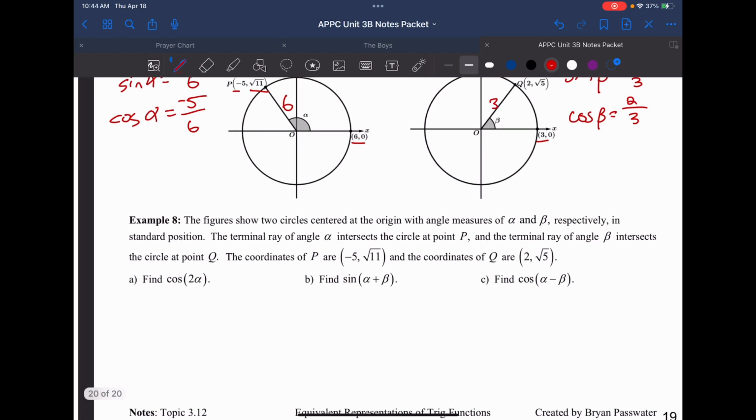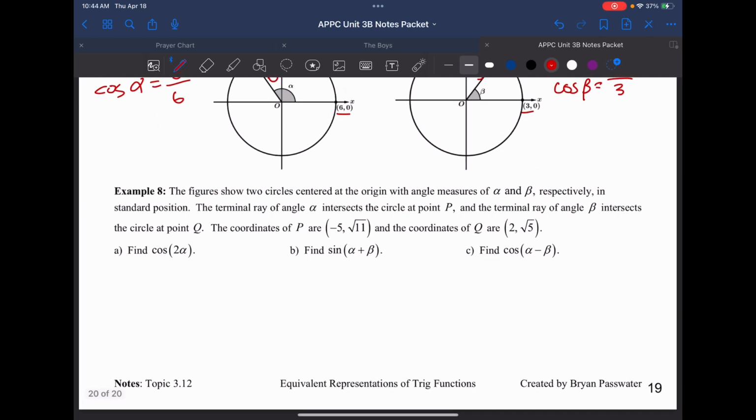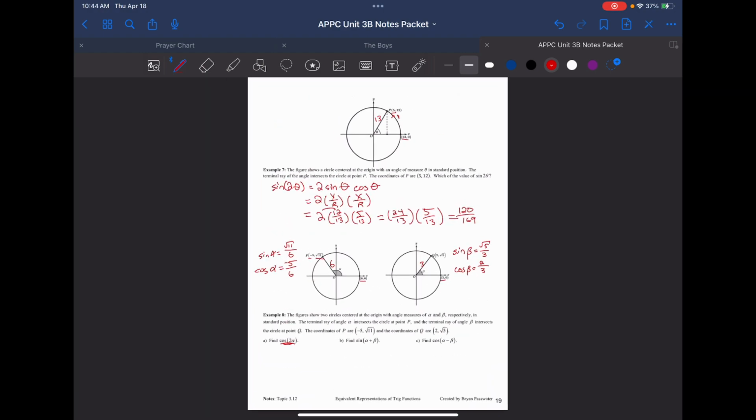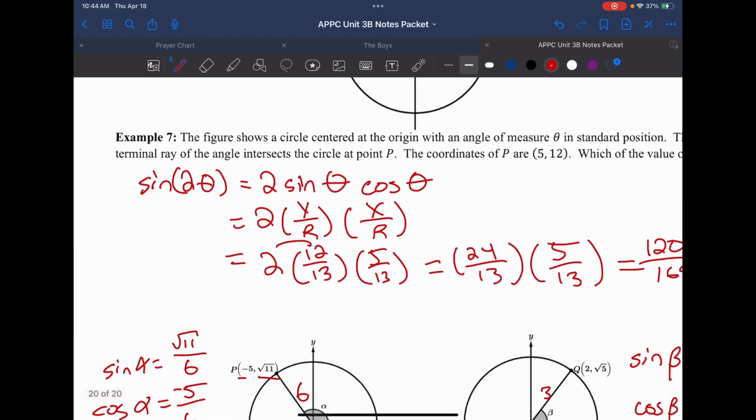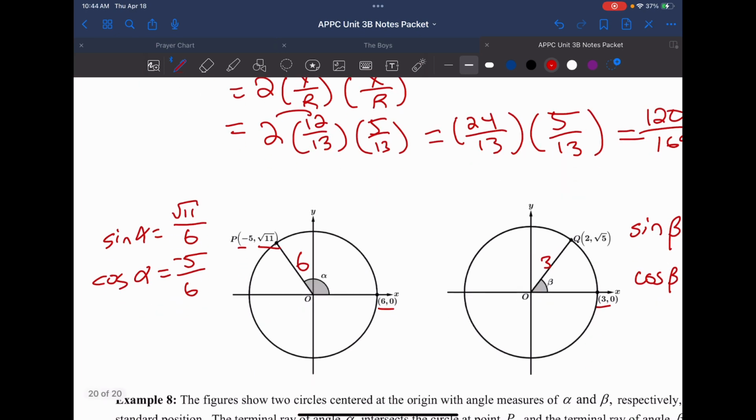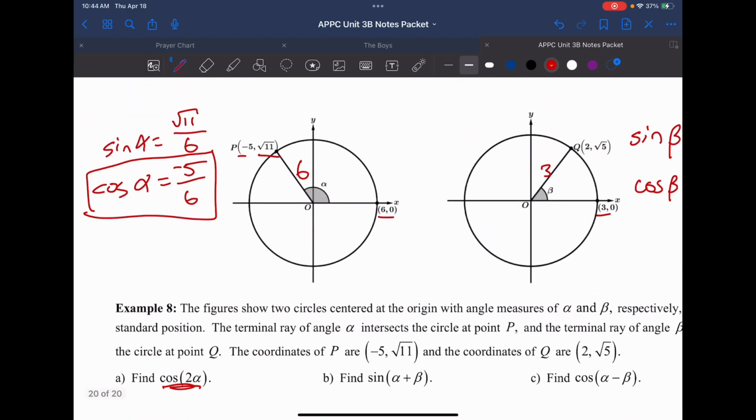Okay, so for alpha, really, it doesn't matter which one you use. I just use the path of least resistance because it doesn't tell me a specific way to find this. Which number is easier on this? Cosine looks a lot prettier than sine because sine has a square root. I don't really want to deal with that. So let's rewrite it with cosine.